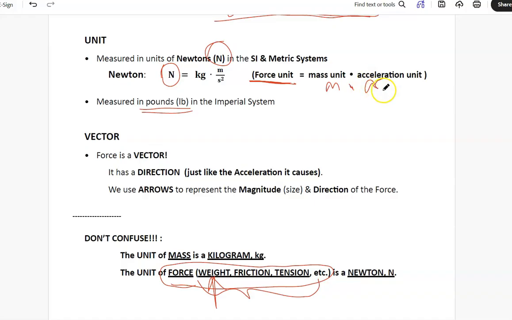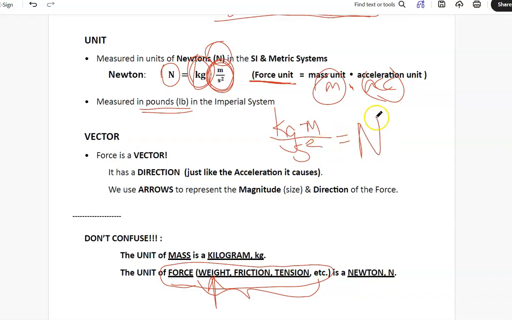The unit of mass that we use is a kilogram, and the unit of acceleration, you already know, is the meter per second squared. When you multiply kilogram times meter per second squared, we just call that a newton. We don't keep writing kilogram meter per second squared, we just say newton. So if it's a force, any type of force, it's in newtons.